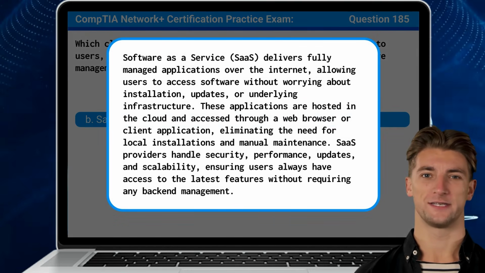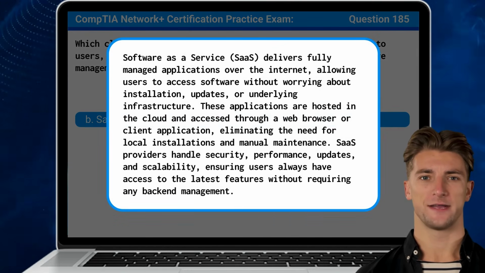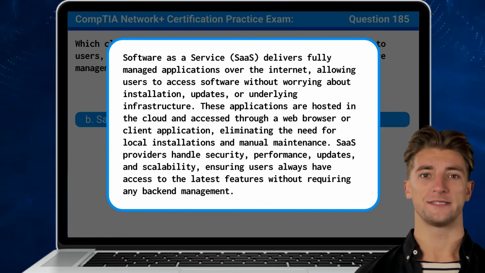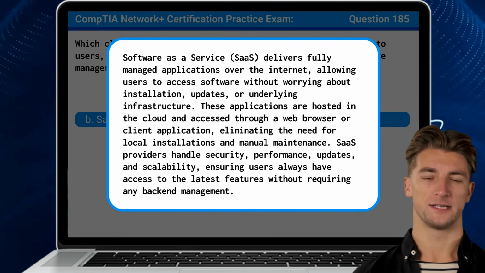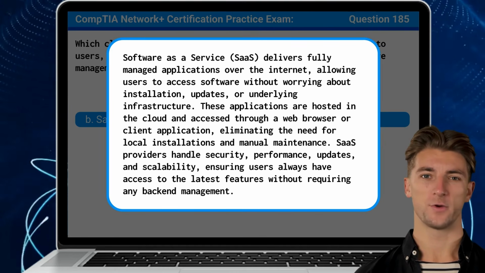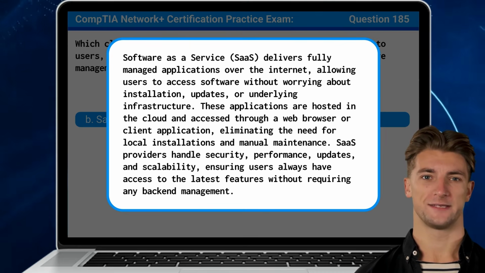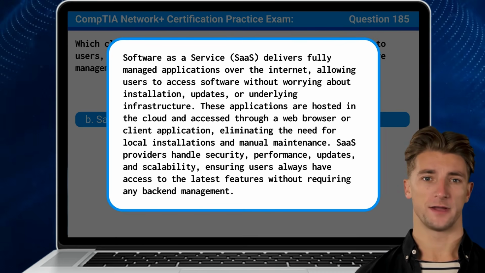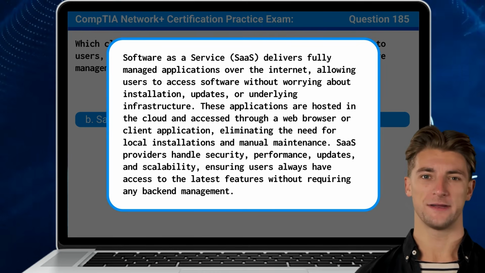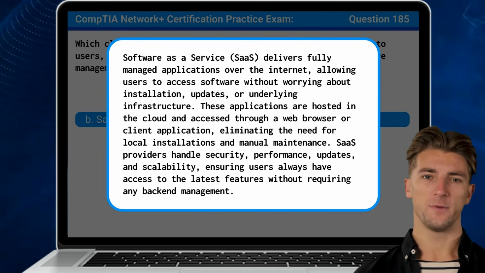Software as a service, or SaaS for short, delivers fully managed applications over the internet, allowing users to access software without worrying about installation, updates, or underlying infrastructure. These applications are hosted in the cloud and accessed through a web browser or client application, eliminating the need for local installations and manual maintenance. SaaS providers handle security, performance, updates, and scalability, ensuring users always have access to the latest features without requiring any backend management.